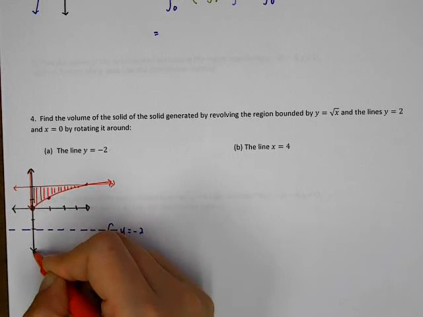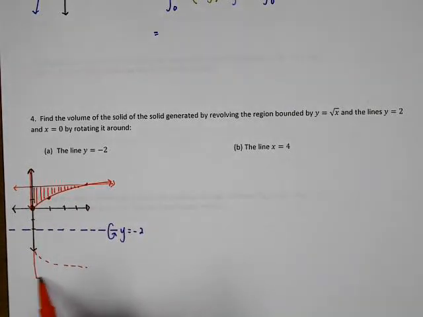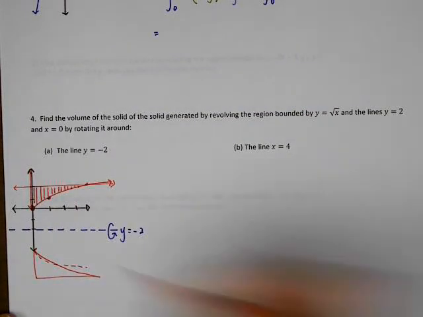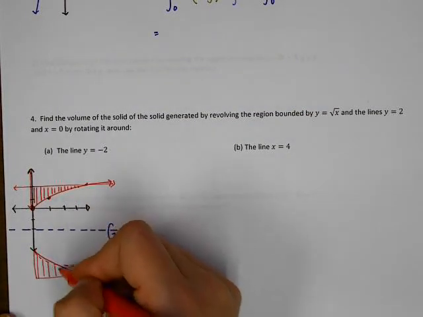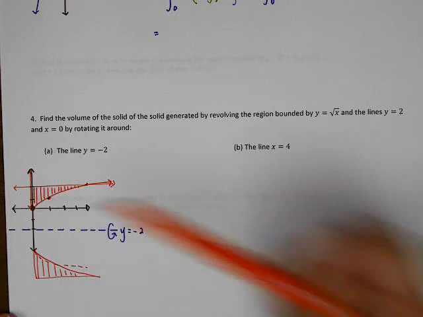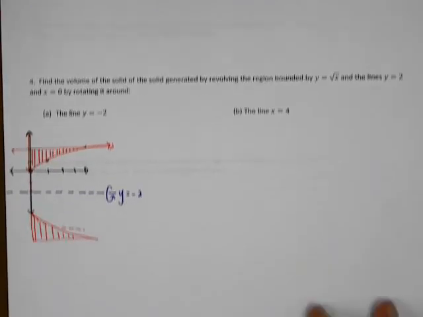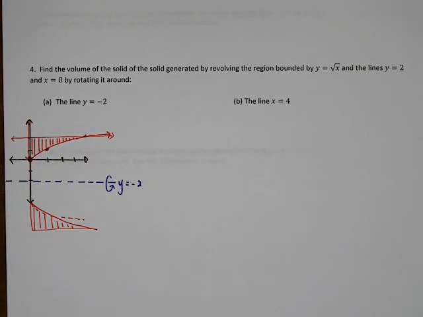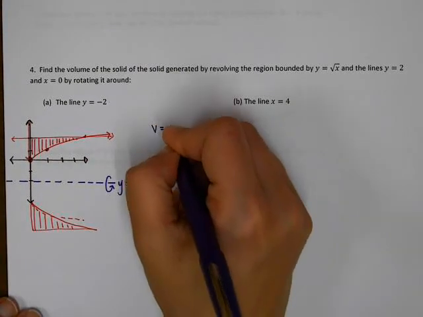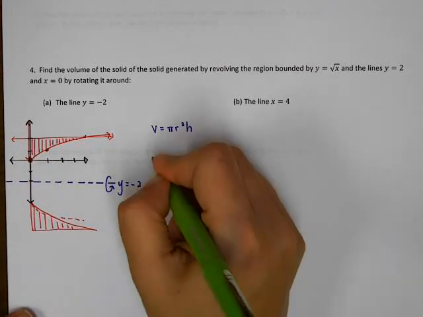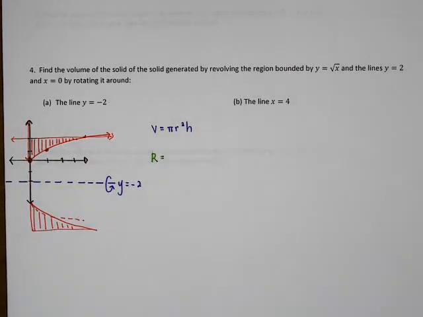It's going to be all the way down here. There we go. You'll notice, and I think it's pretty obvious this time, there is a huge gap in here. There's going to be a giant missing piece. So when I set up my volume, I'm going to need to have a big R and a little r because it's not solid, it's not filled in. My volume is still going to be pi r squared h, but I'm going to need a big R and I'm going to need a little r.